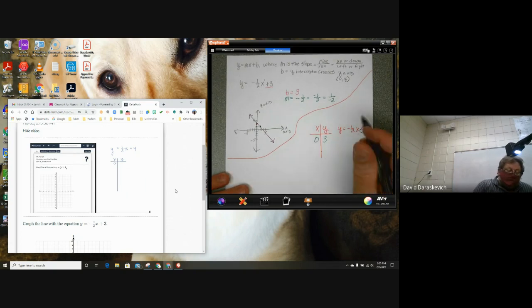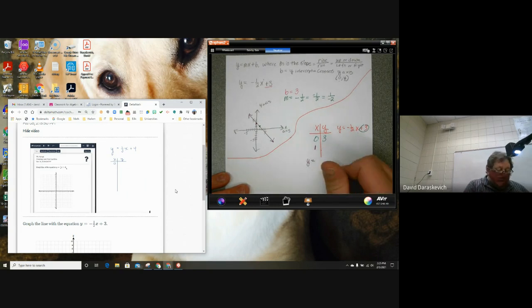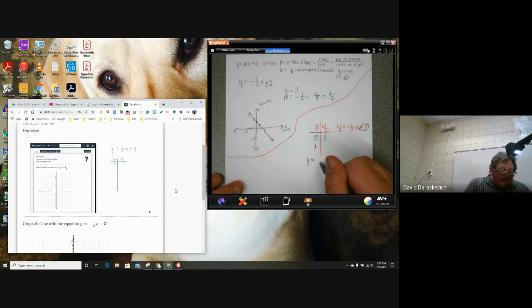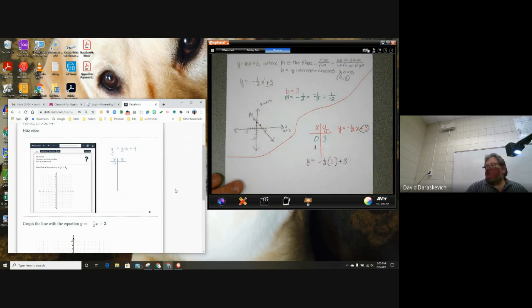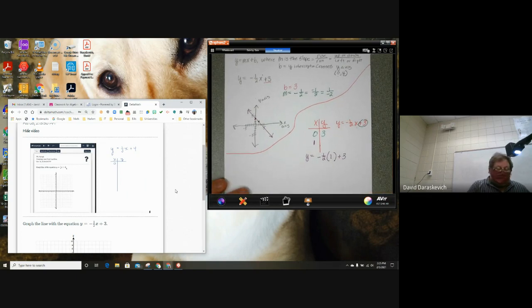Usually he'll pick 0, or the next easy one is 1, and he plugs it in for x. Now this is the algebraic method, and some of your teachers might have taught you this way back when. I have -1/2, and they're going to substitute in that 1 for x, plus 3. Then they solve all this and figure out what y is.